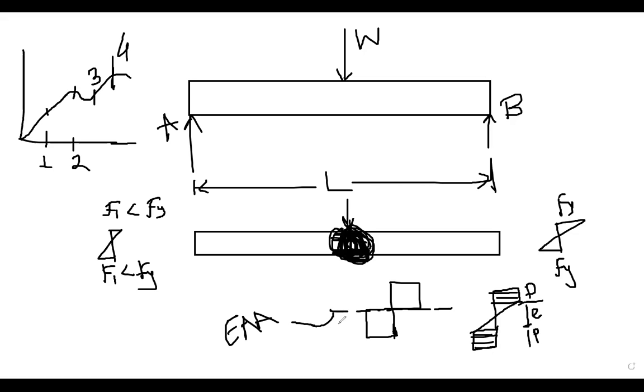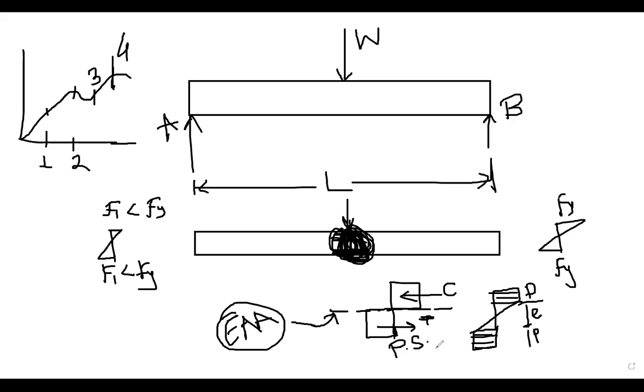What is the equal area axis? The axis which divides the plastic section into two equal areas is called the equal area axis, right?